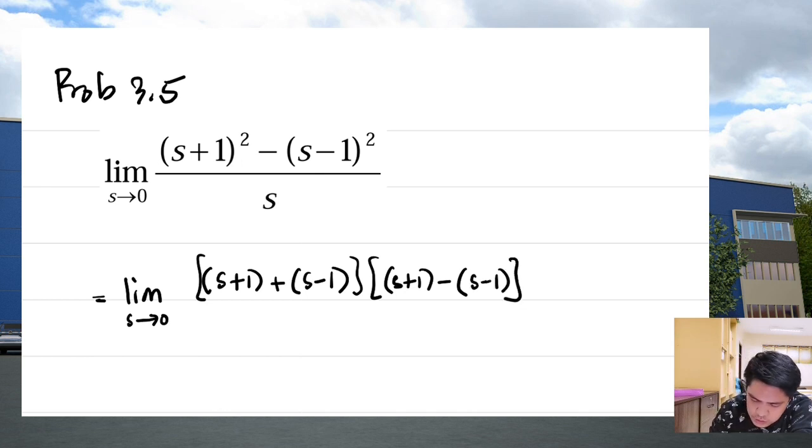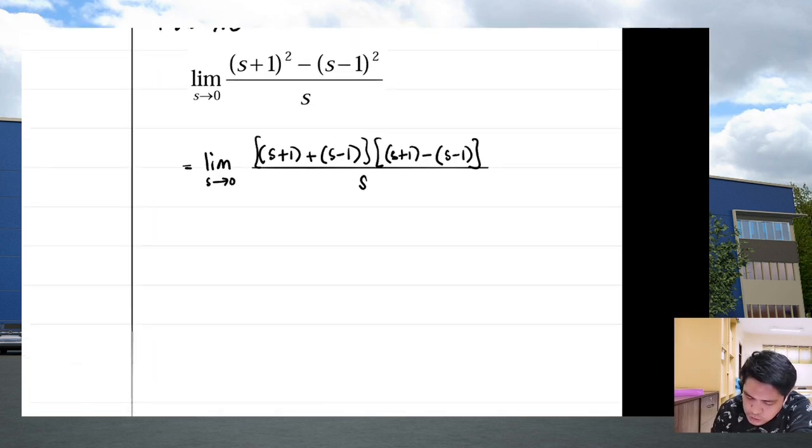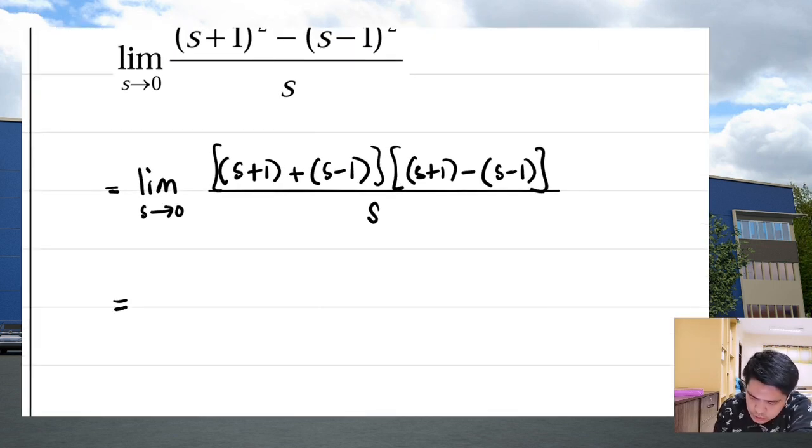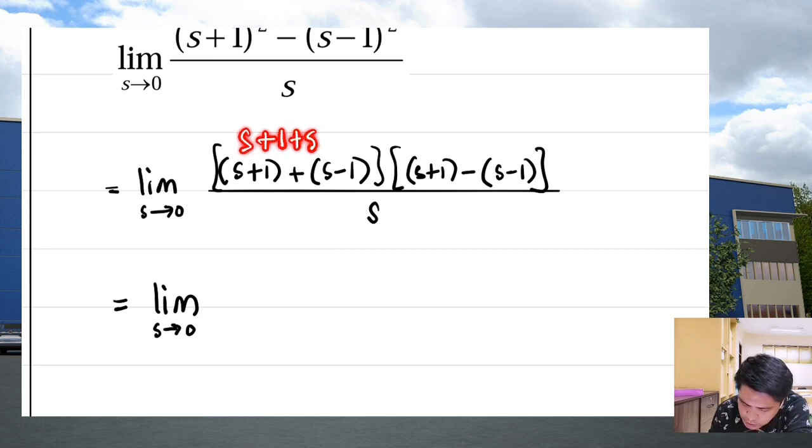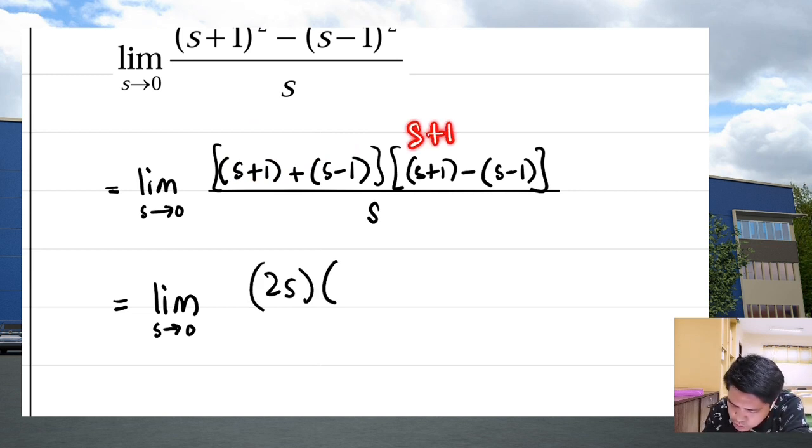Okay, then divided by s. So next, that would be the limit as s approaches to 0 of, so ito, madali lang naman, what will happen here is s plus 1 plus s minus 1, so cancel out yung 1, so this becomes 2s. So that's 2s multiplied by, dito naman, that would be s plus 1 minus s plus 1. So, makancel out yung s.